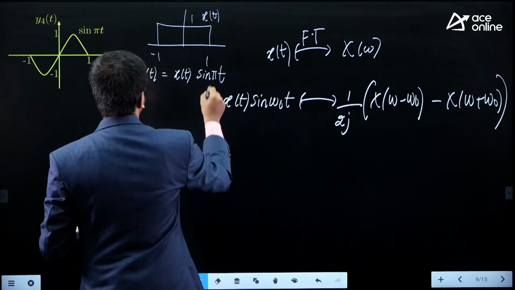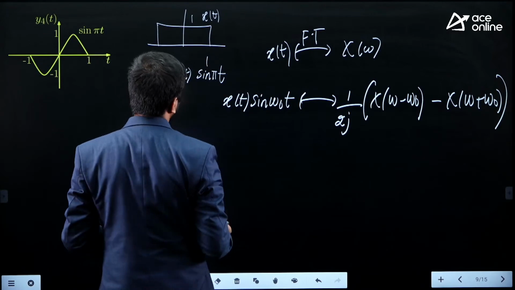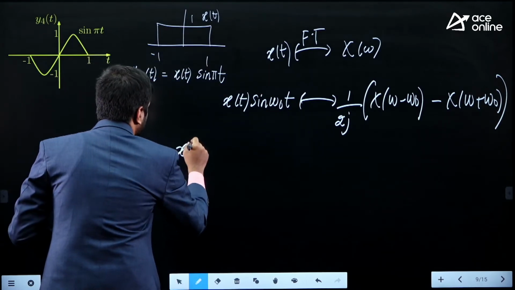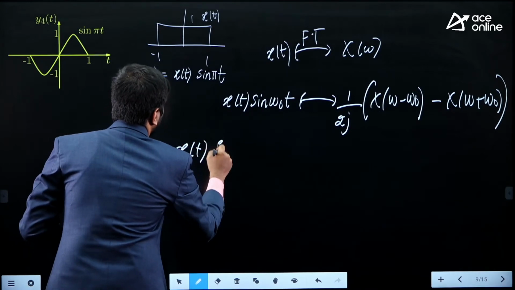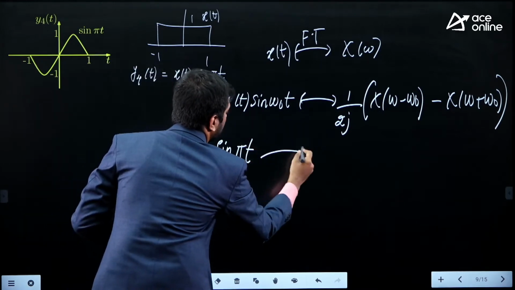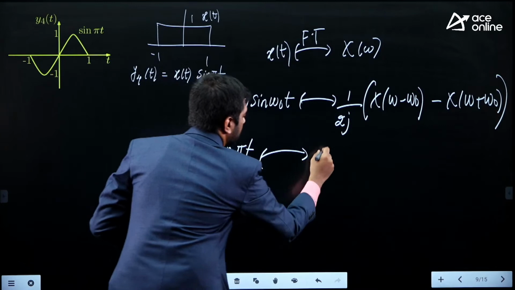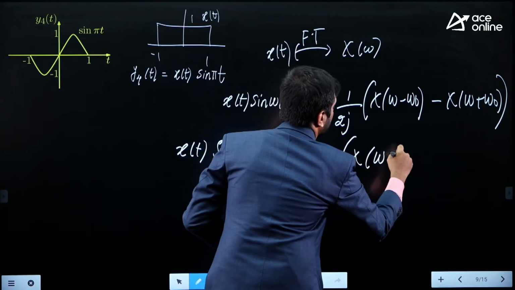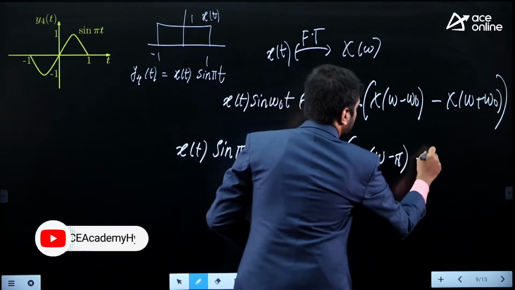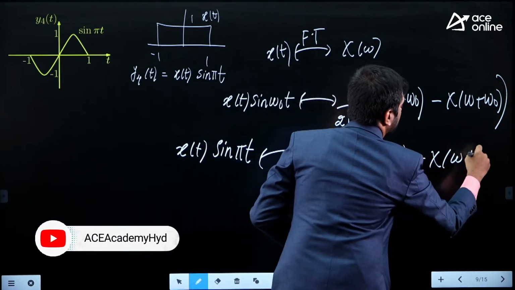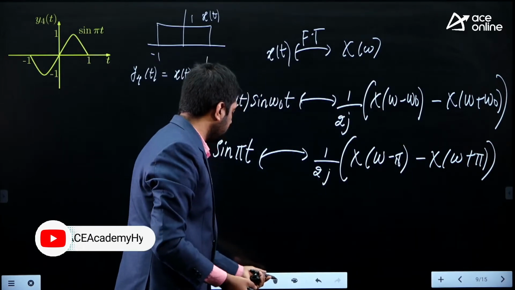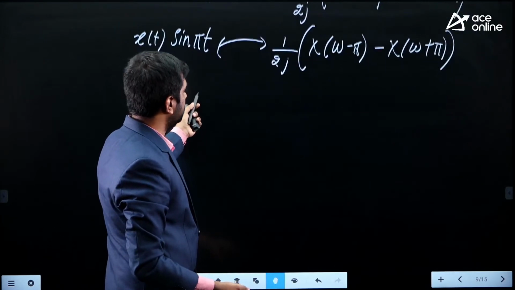Now, if you compare, in place of omega naught, we have pi. Let's write the Fourier transform of this. x of t into sine pi t has Fourier transform 1 by 2j, X of omega minus pi minus X of omega plus pi. Now you can substitute X of omega minus pi and X of omega plus pi.